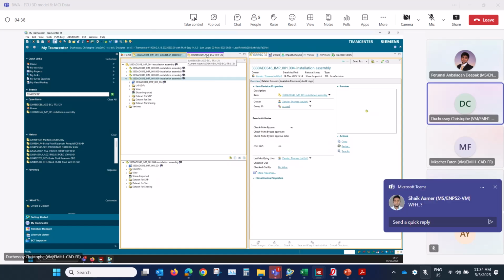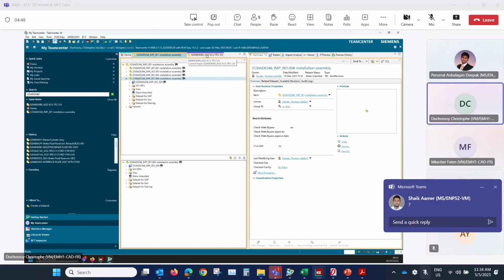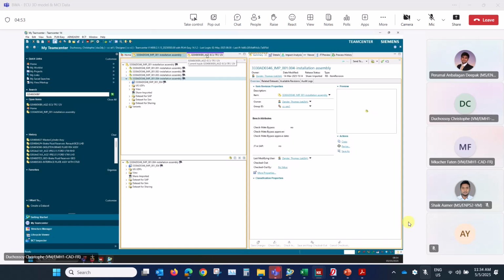Maybe do you have from your side an external file to see the link from the original file and what you create in the CAD system? I don't know if you have this type of thing. Actually, we had an external file, maybe, but one minute, I'll open that in parallel.